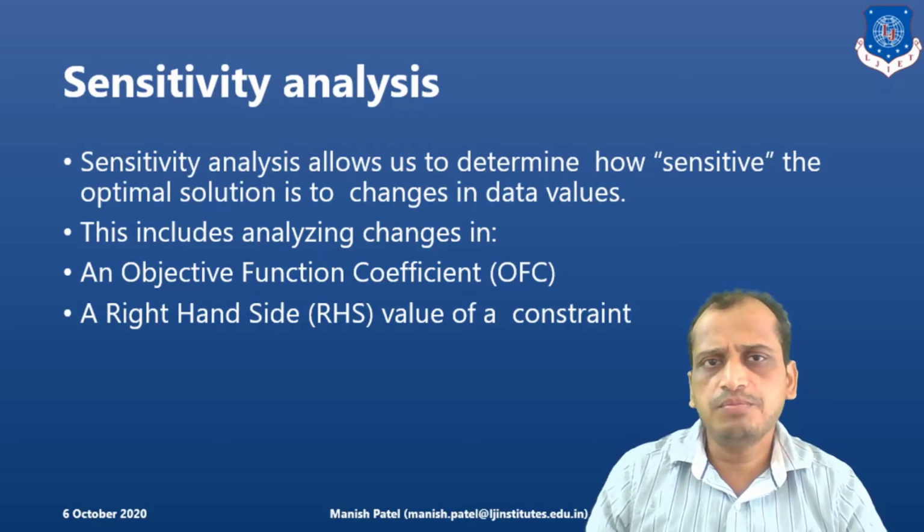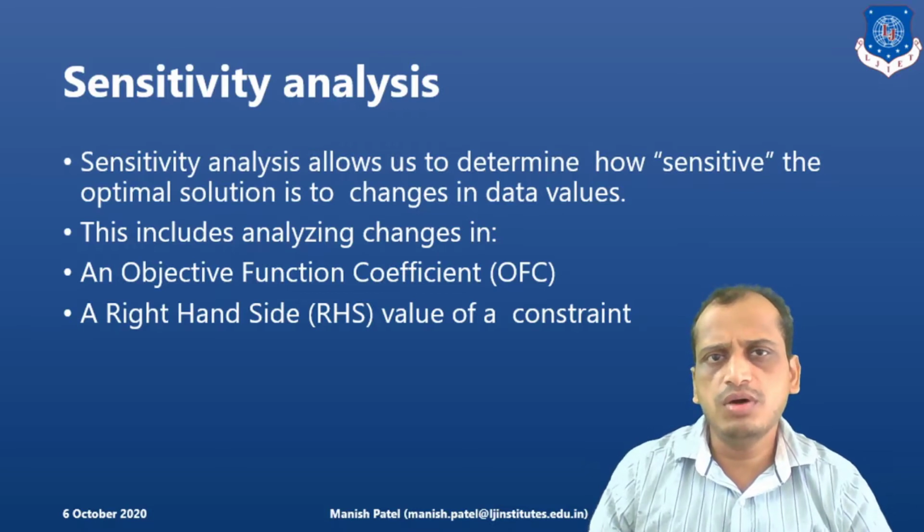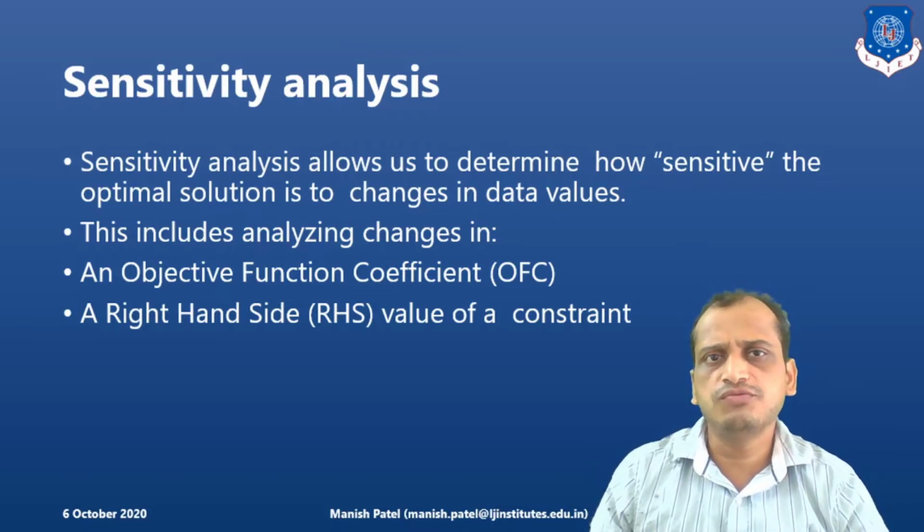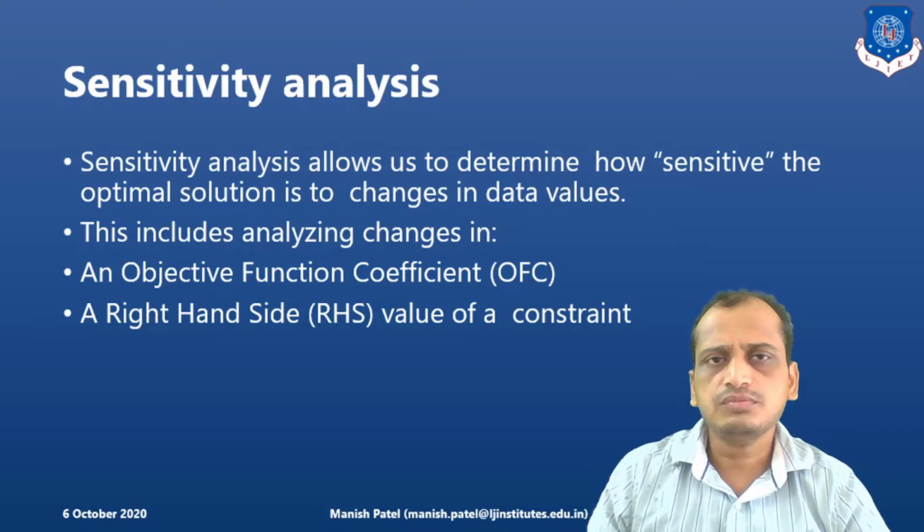In the case of a company manufacturing bowls and mugs, the profit on one bowl or one mug was realized in the objective function. So what if they increase the profit per unit bowl or unit mug? Obviously it is going to increase the profit for the company, but only up to a certain extent, because it is also consuming the resources, in terms of constraints.